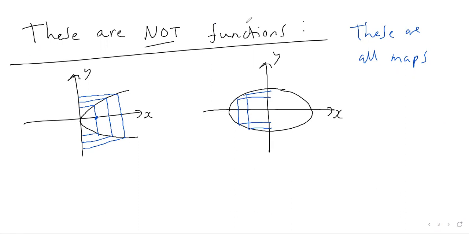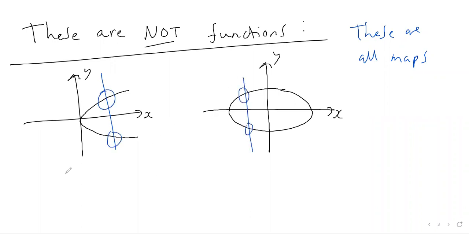So these are not functions, and you can test whether something is a function by the vertical line test this time. What we can do is draw in a vertical line like that. Do we have more than one point of intersection? Yes, we do. So this is not a function.